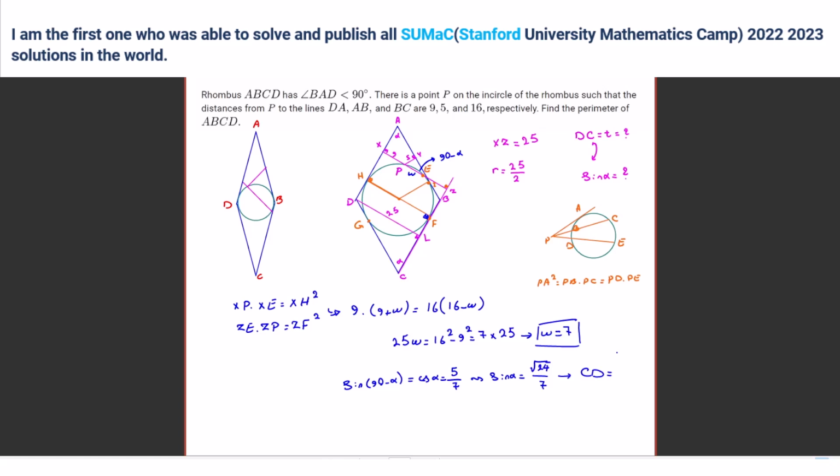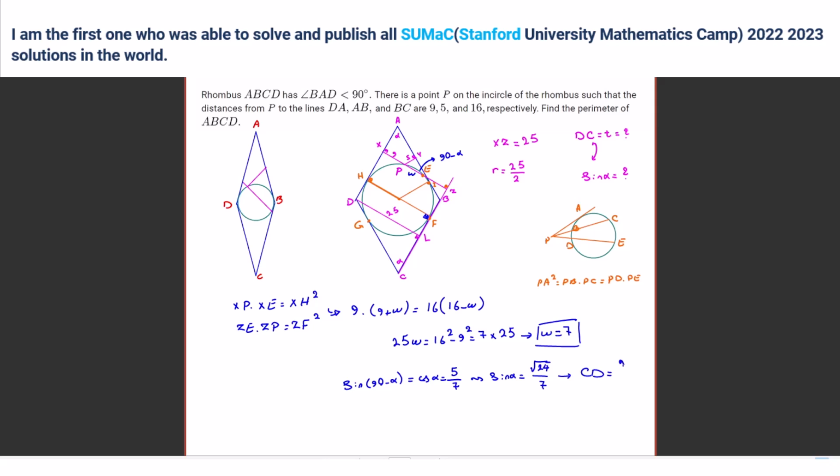So you can say EPY is similar to EAX. Let's say something. Here in this triangle, this sine alpha is 25 over CD, right? So CD is what then in terms of sine alpha? 25 times 7 over square root of 24.